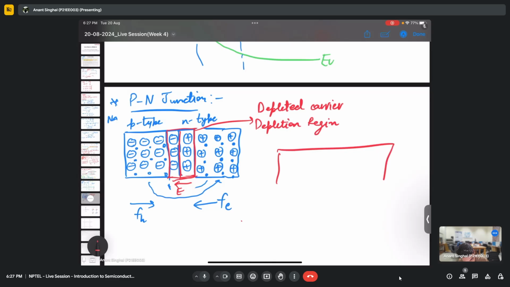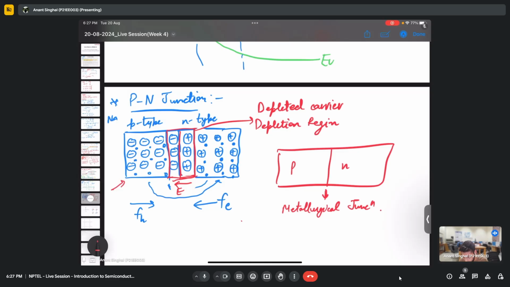So we had a single bar in which we had PN. This junction is what we call the metallurgical junction. This particular figure shows a PN junction.